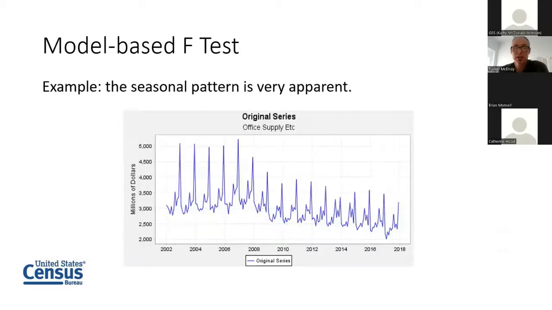I haven't shown you the data yet, so this is the data here. This series is plotted from 2002 to 2018, and these big spikes in December are recurring. So there's a strong seasonal pattern. It does change a bit over time, but there's also sort of a fixed seasonal component, which is what the model-based F-test is indicating.